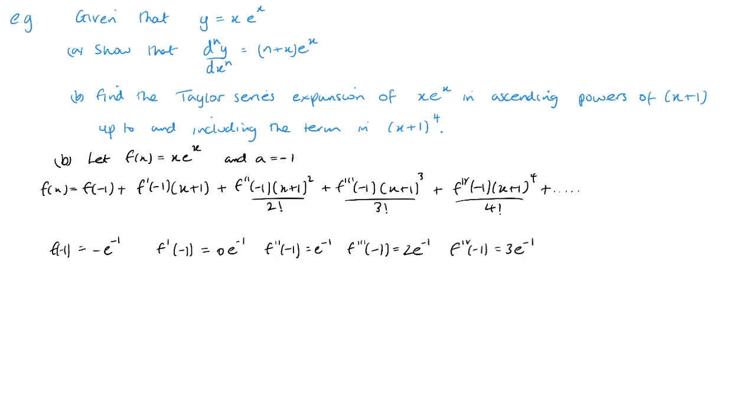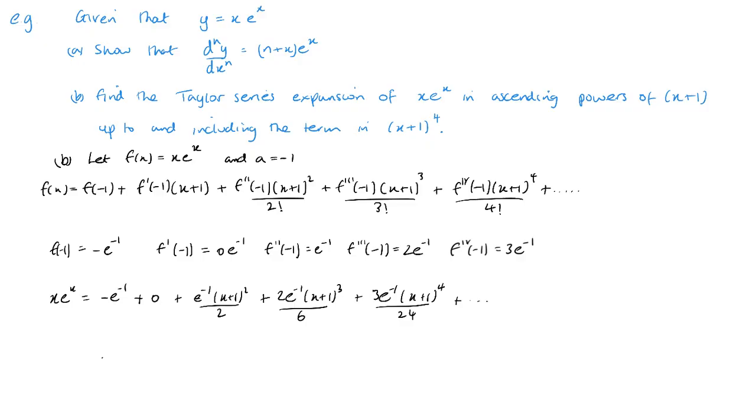Okay, so f of x is obviously x e to the power x, and that is minus e to the minus 1 plus, that's going to be 0, plus just e to the minus 1 times x plus 1 squared over 2, plus 2e to the minus 1 times x plus 1 cubed over 6, plus, and then the fourth one is 3e to the minus 1 times x plus 1 to the power 4 over 4 factorial, which would be 24.